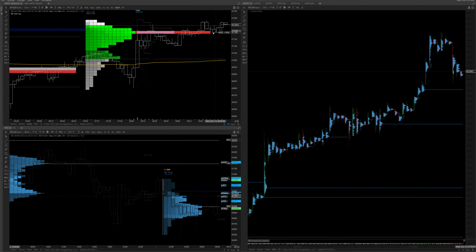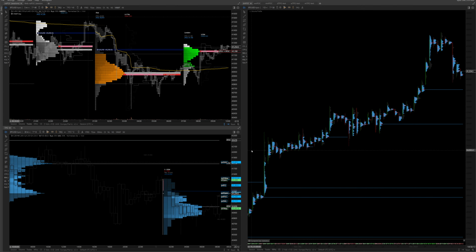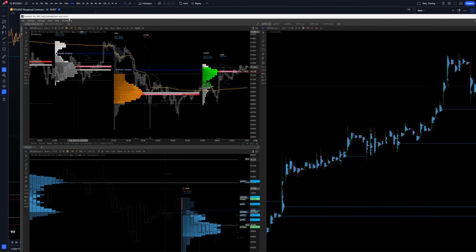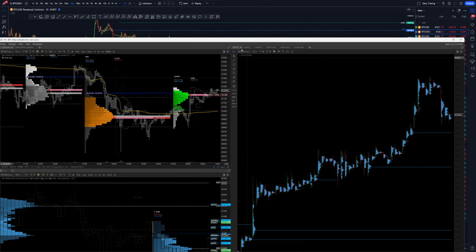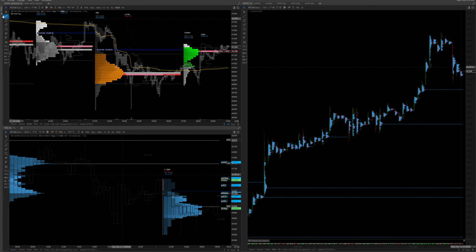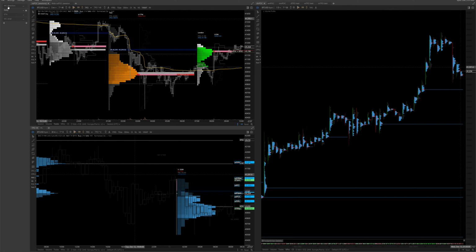If you want to get all of these templates for absolutely free, you just have to download one file that is a workspace. You can go into workspace here and import the workspace. You're going to get all these templates, plus the weekly naked point of control and the monthly naked point of control, and into the order flow section, you're going to get the order flow right there.